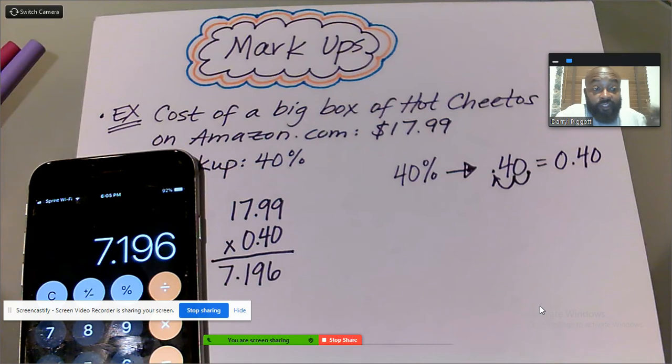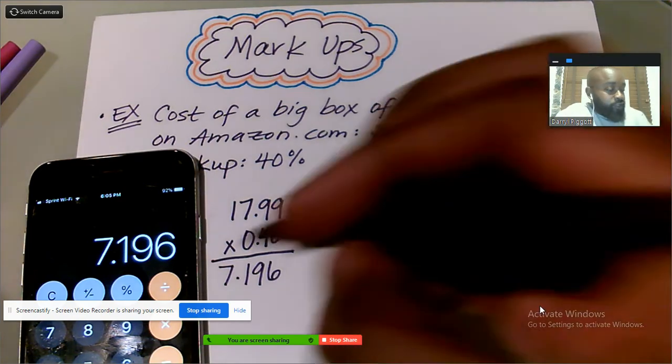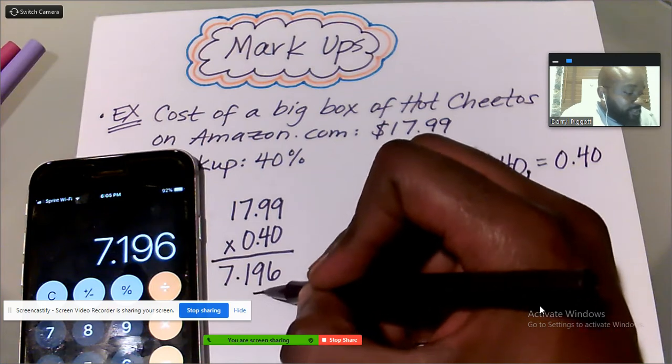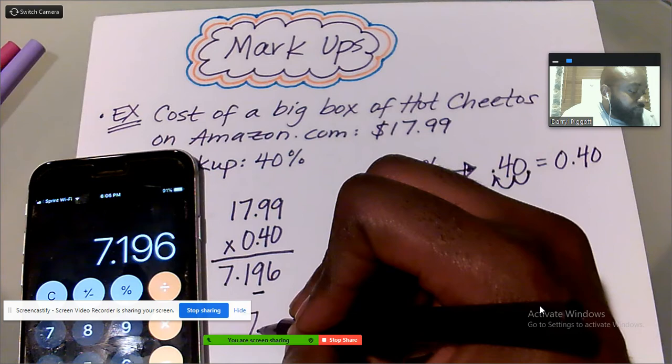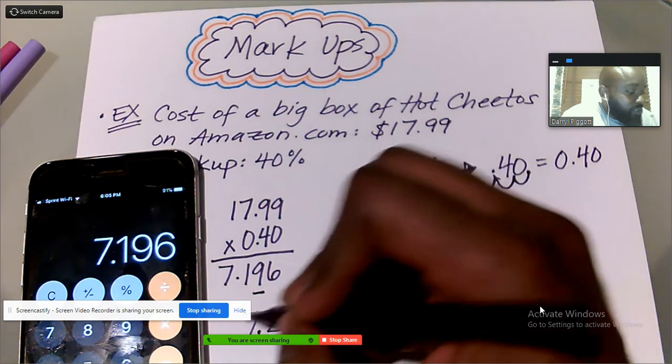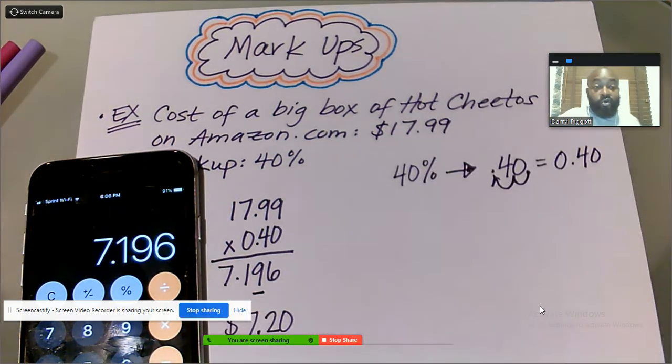We need to talk about what that means. Now we're talking about money here, so really we want to round to the nearest cent. And so this is really going to be thought of as $7.20. That's the markup.